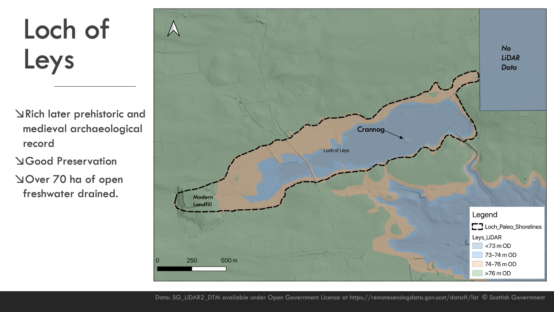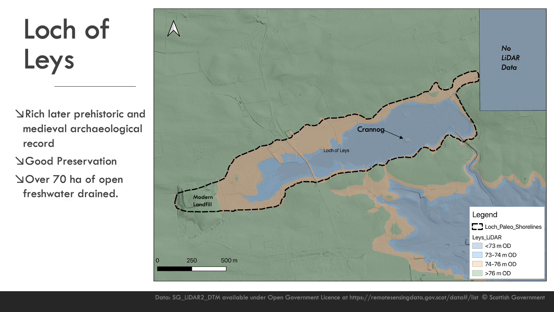There's been several programs of coring within this loch, and there's good preservation of peat extending up to about 6 meters in depth. So it's likely that there's early and mid-Holocene deposits within this basin that might be good for doing paleoenvironmental work. The drain that you saw in the last slide, cut in 1850, drained probably over 50 and up to as much as 70 hectares of open fresh water.